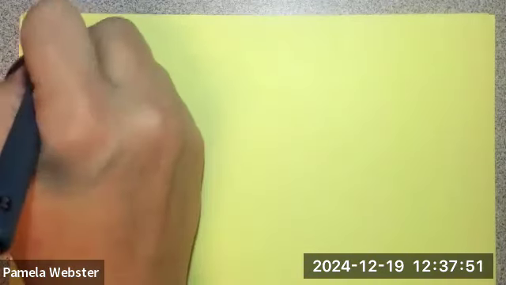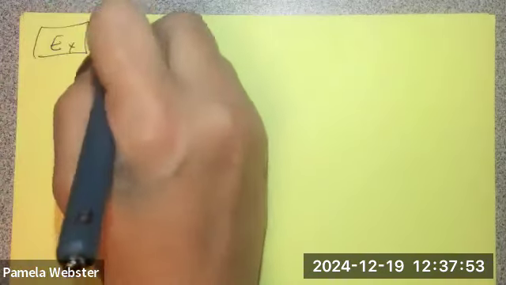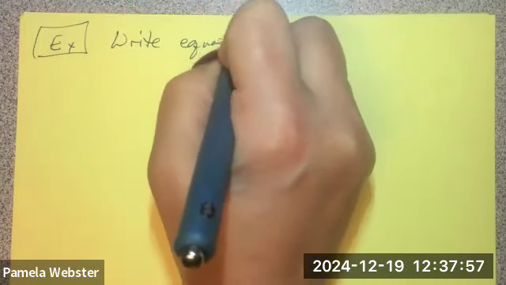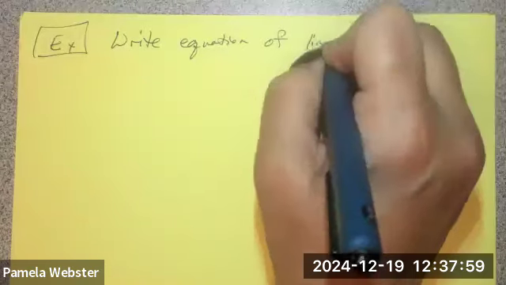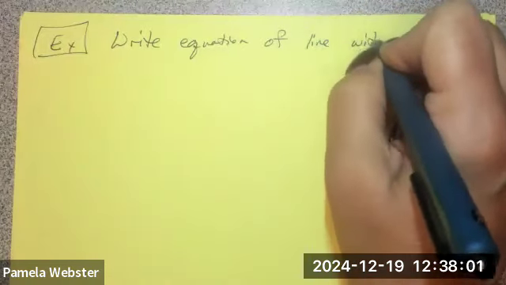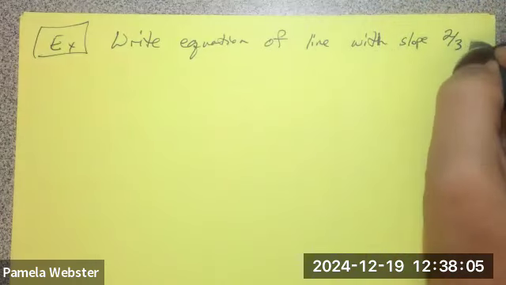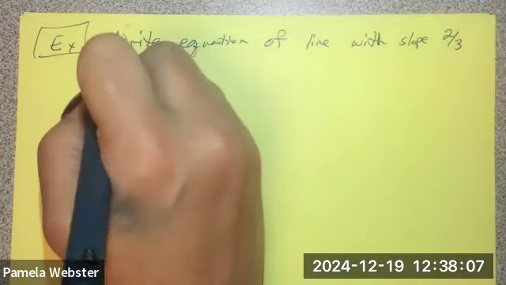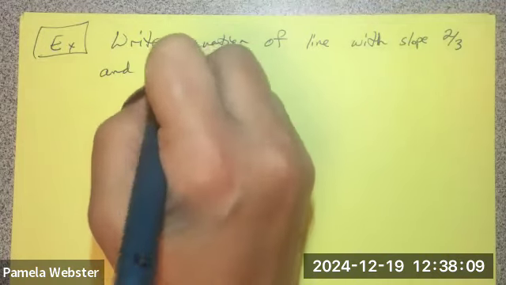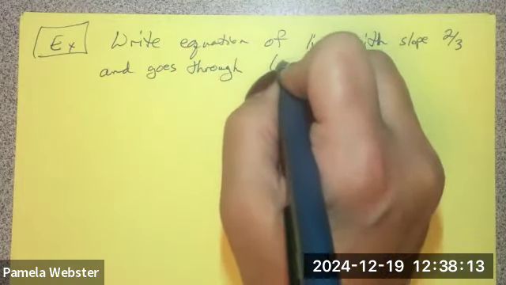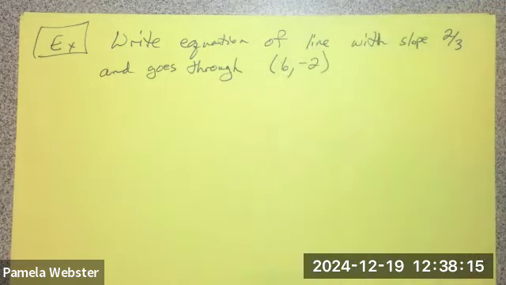Okay, my example says write the equation of the line. All of these are lines with slope 2/3, and that goes through the point 6, -2.